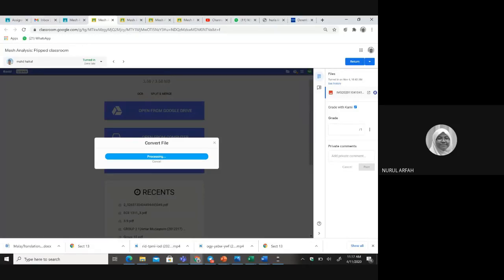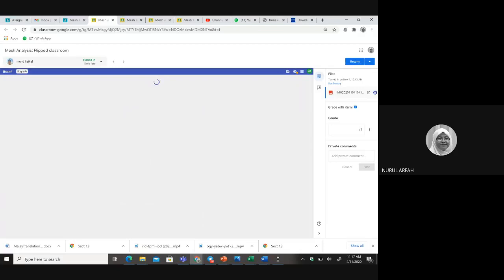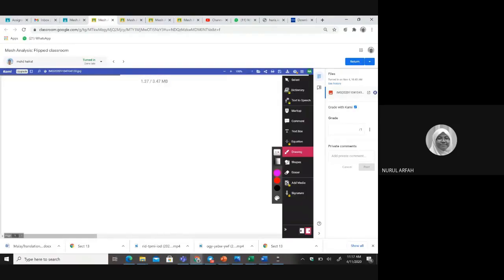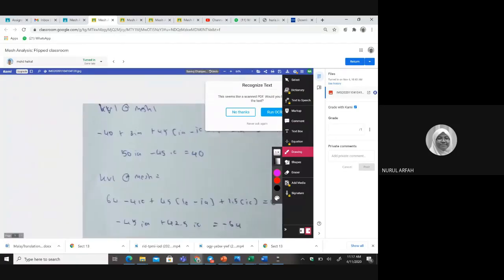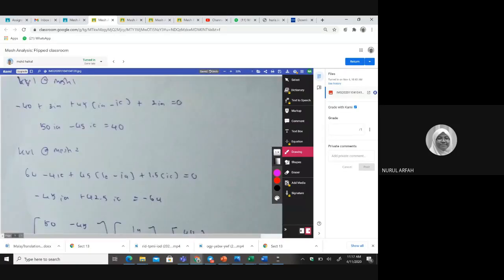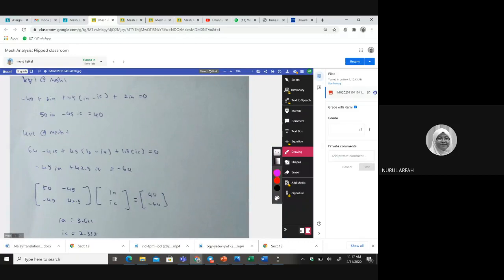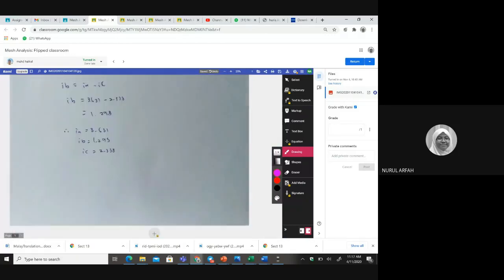Try your best to convert your file into PDF file because when you have your final exam, you're going to use the tools the same way you upload your PDF file into the system. So this is how I will do the marking. I will check on your PDF file. Okay. Haikal, where's your figure?